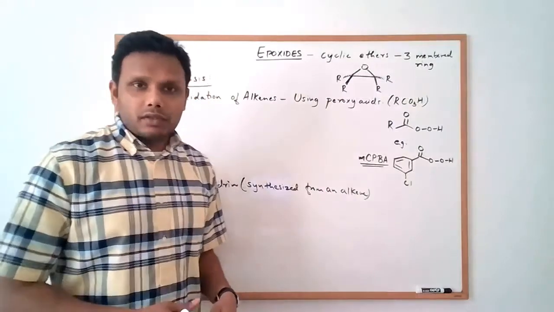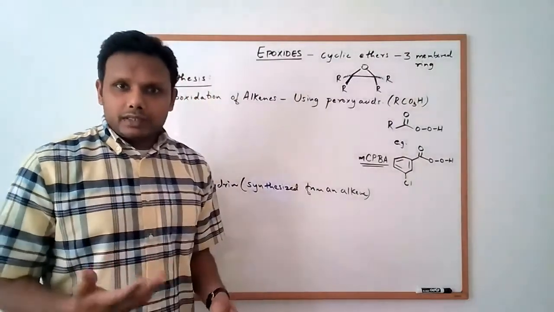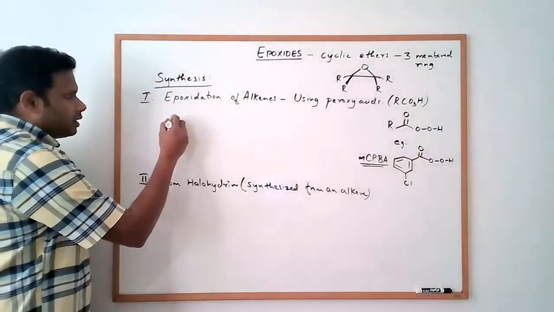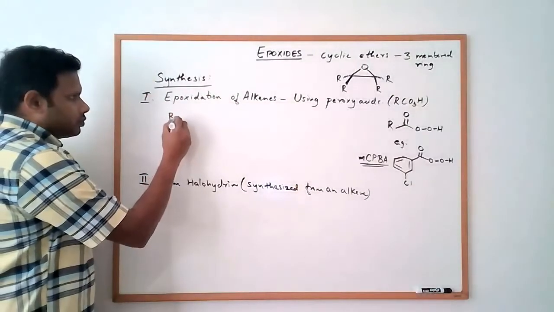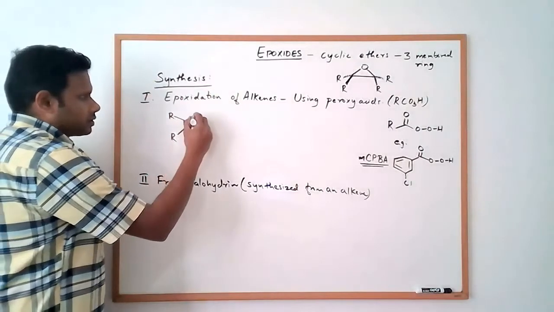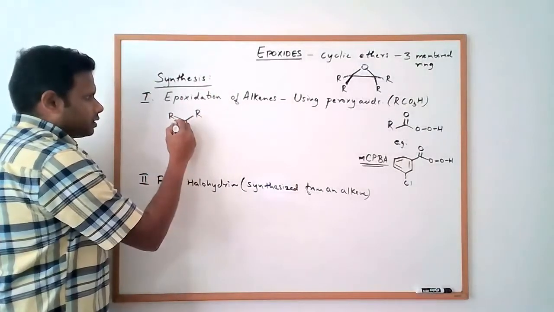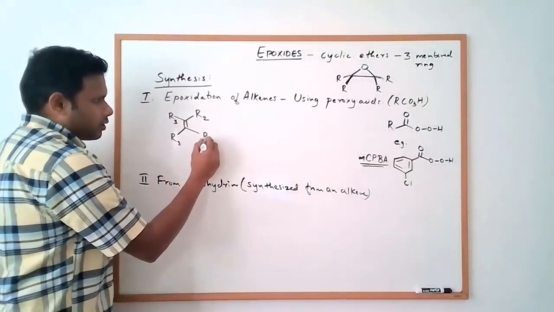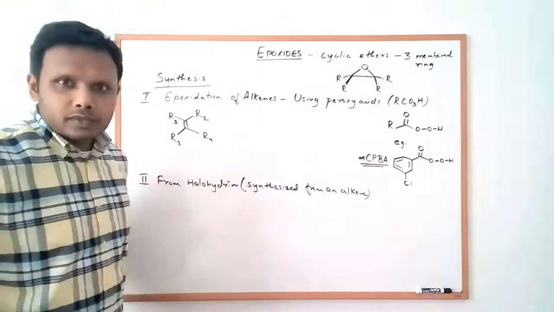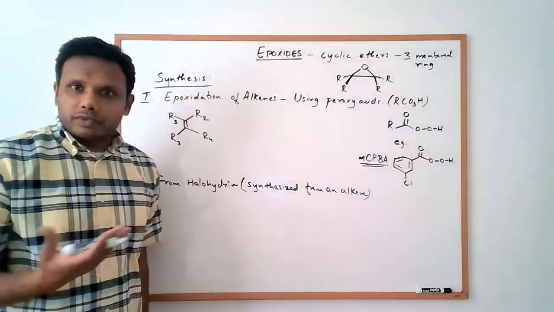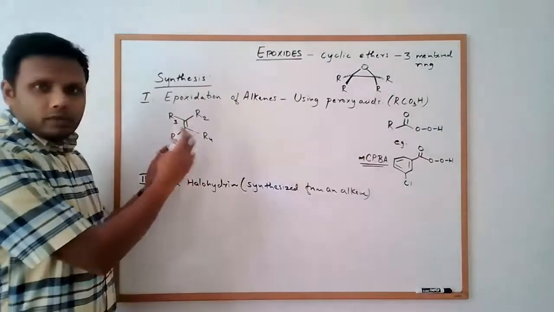Now let's look at the reaction itself. Very simple, very straightforward. I'm going to use a generic alkene here, with R1, R2, R3, and R4. These R groups could be carbon-containing groups, they could be hydrogens, whatever that might be.